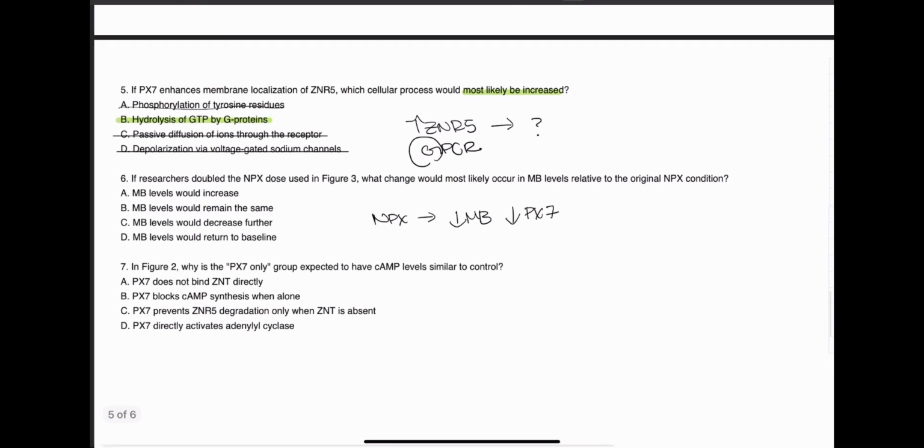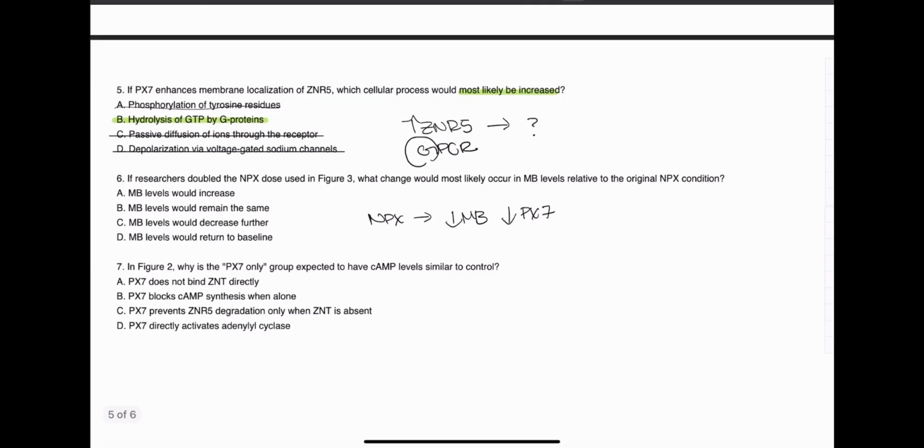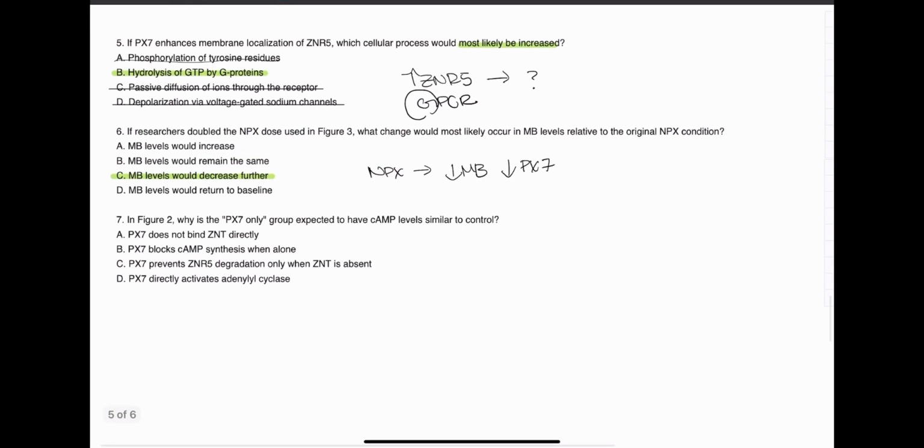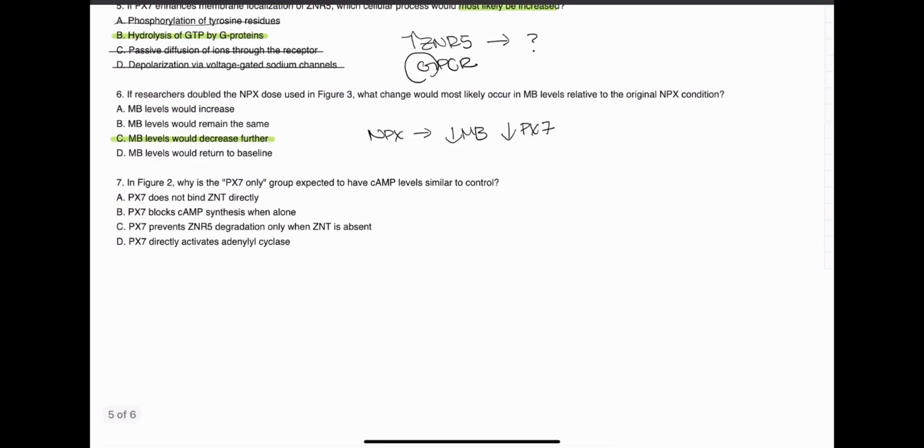So what will most likely occur to MB levels relative to the original NPX condition? MB will be lowered even more, so C is correct. Choose that and move on. When you try to reason if the other ones are correct, you will lose what the question is asking. Based on our breakdown, MB levels are decreased, NPX is inhibitory, MB levels would decrease even further. C is the only correct answer.